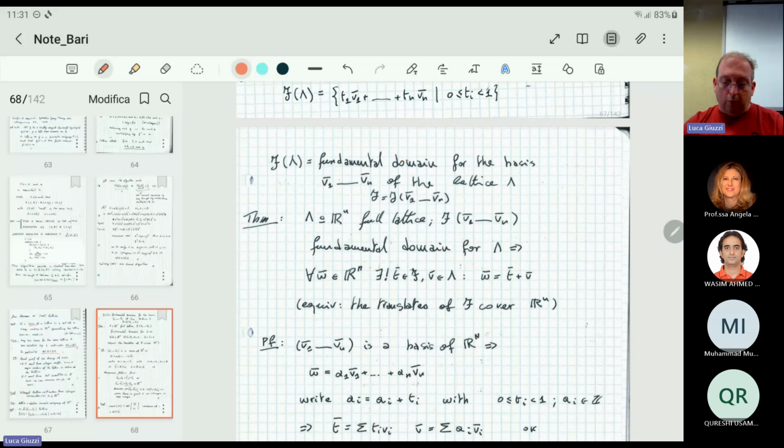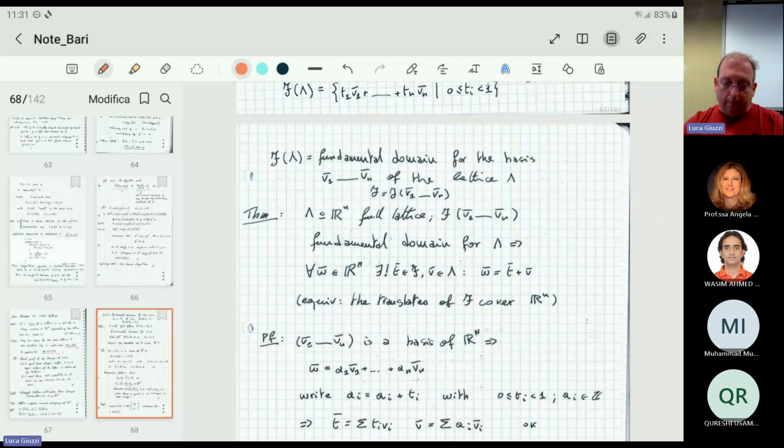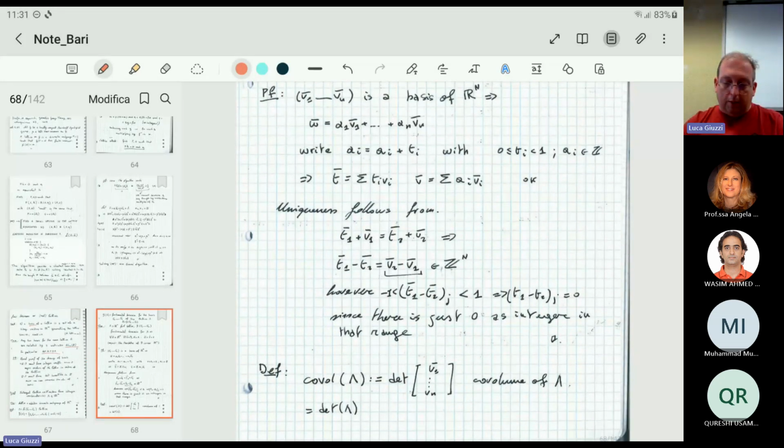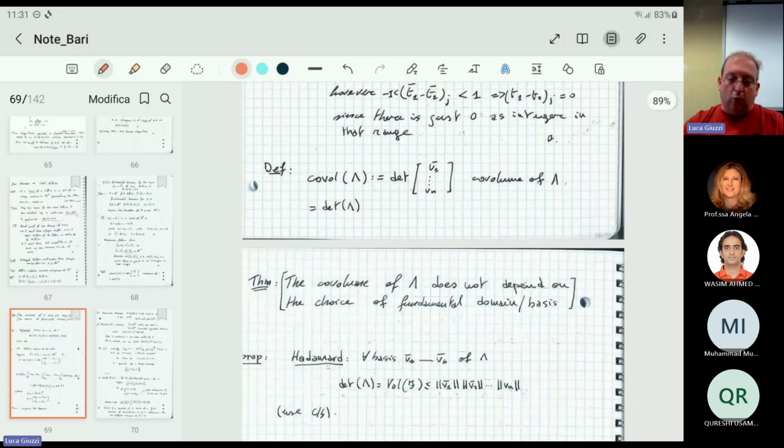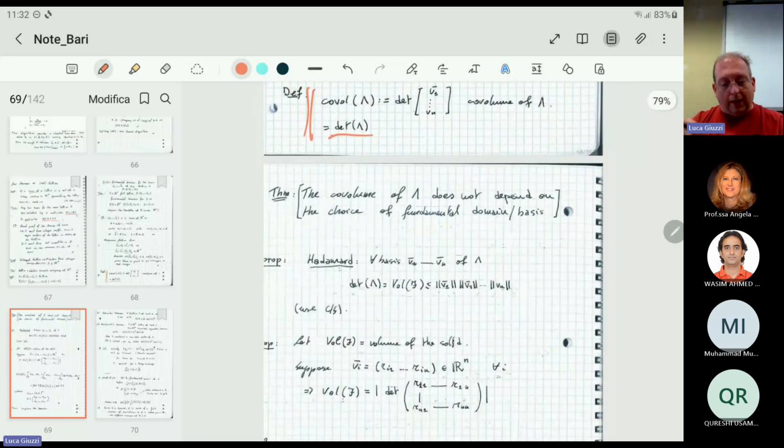What I want to say is that there is a notion here of volume, co-volume in this case. It's the determinant of the matrix we have there. And we can introduce right away a number which tells us how skew a lattice is.